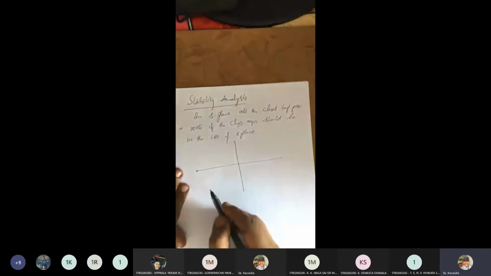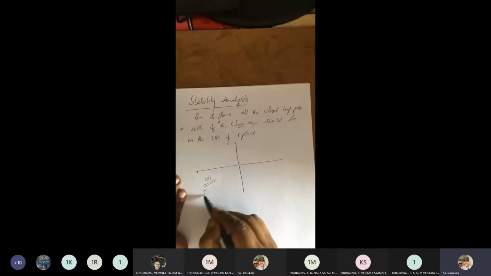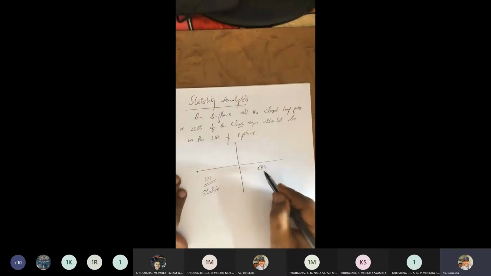See, this is the S plane. So if the poles are in the LHS of the S plane, system will be stable. If the poles lie in the RHS of the S plane, system will be unstable.